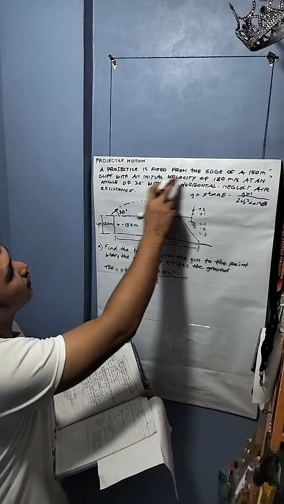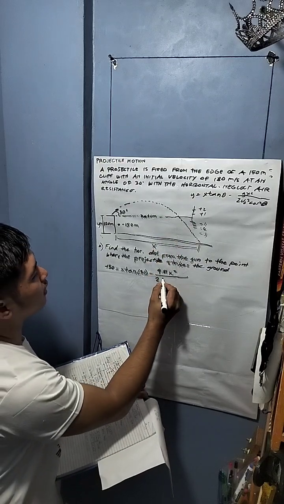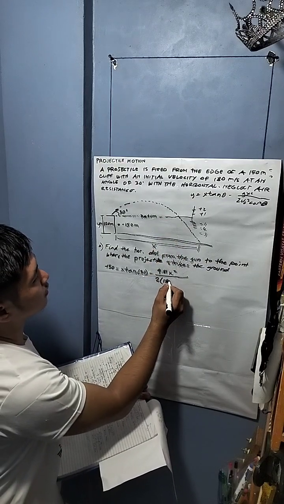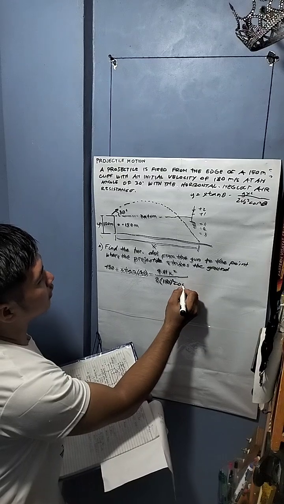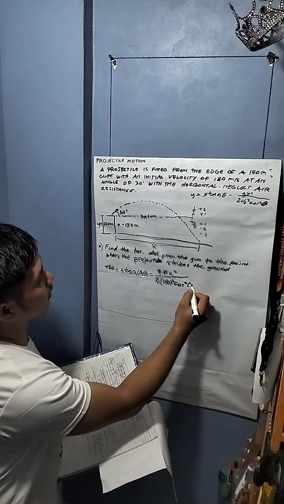Our velocity is 180 squared cosine squared at 30 angle.